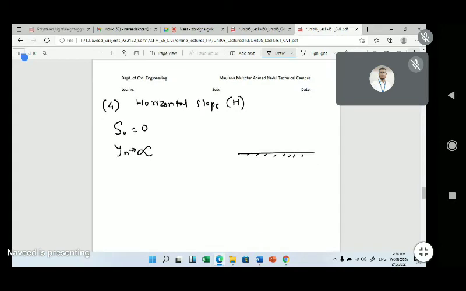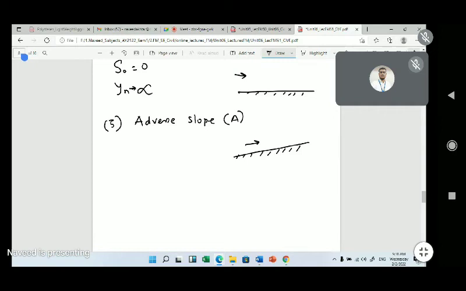And similarly for the adverse slope, which is denoted by capital A, the slope is opposite to the direction of flow. Generally, we show the direction of flow from left to right. So if adverse slope is there, then the slope is negative.